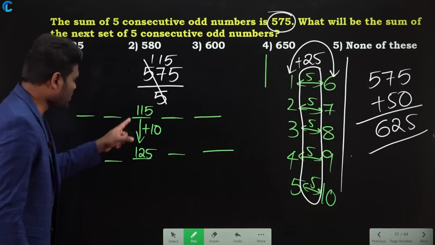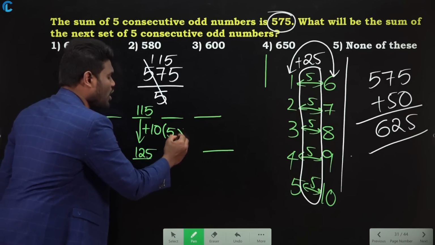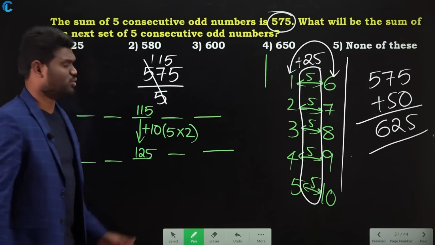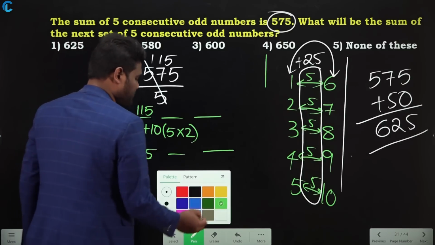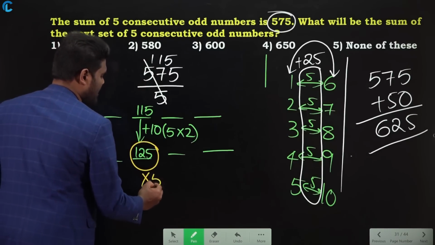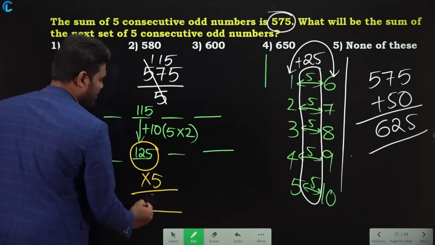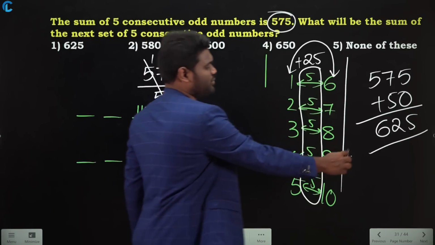Why? Because from here to here you will have a difference of 5, but as these are odd numbers, it is into 2. So 5 into 2, 10 extra. 115 plus 10 is 125. Now as the average is 125, to calculate the sum, 125 into 5, the answer is going to be 625, which is the same as the answer we got earlier.